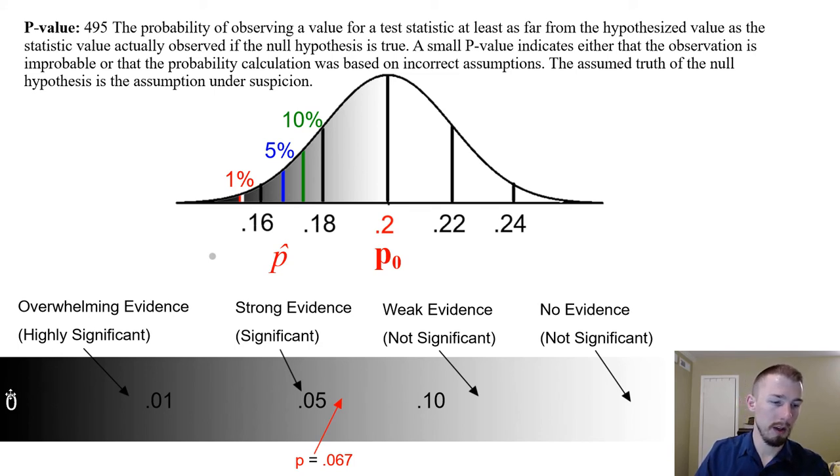So if our p-value is 0, that's incredibly rare, meaning that it's not possible that the true proportion could be the null, the hypothesized proportion. If it's 1%, that would be considered highly significant or overwhelming evidence. 5% is strong evidence or significant, which is like 2 standard deviations away. Weak evidence or not significant is anything greater than a p-value of 10%, and anything more than that would be no evidence.